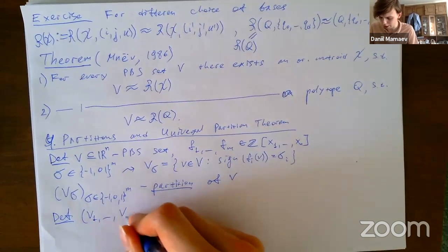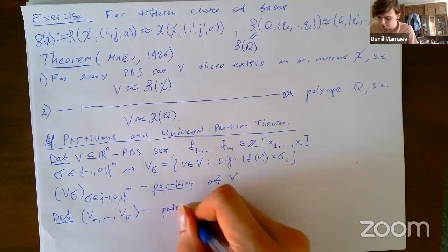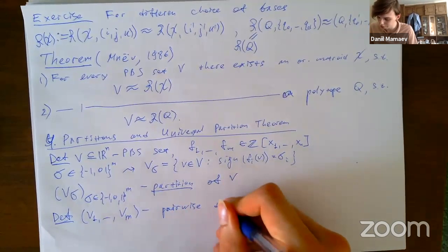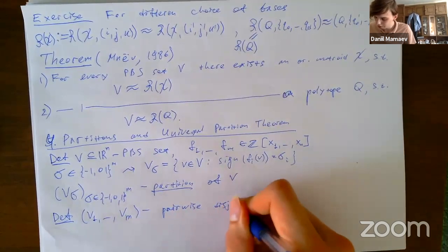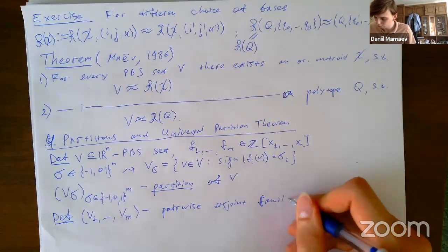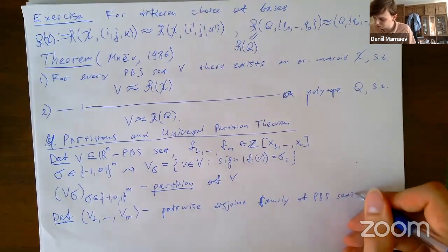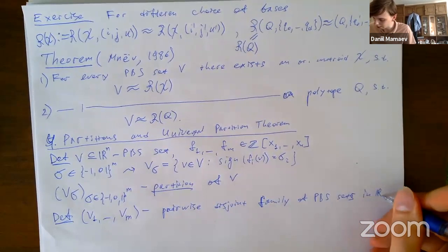And actually, let it be a pairwise disjoint family of primary basic semi-algebraic sets in Rn.